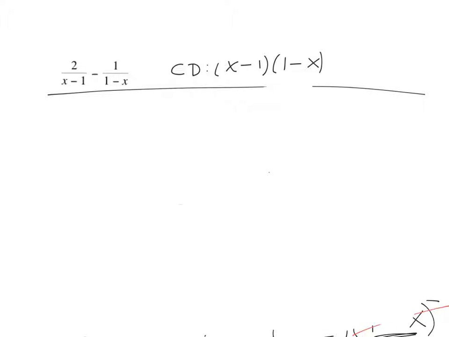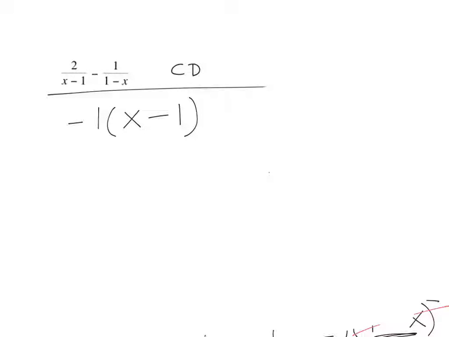You can turn one of them into the other very easily. If I take x minus 1 and I multiply it by negative 1, I get negative x plus 1, which is the same as 1 minus x. So if I multiply one of these terms by negative 1, what I'll end up getting is the same factor on the top and the bottom.